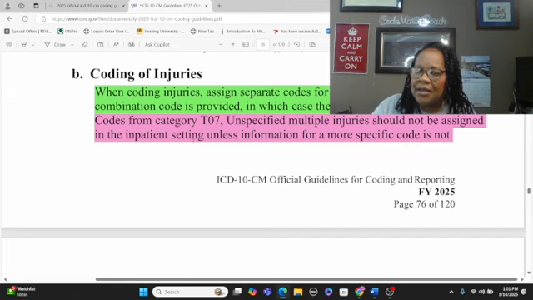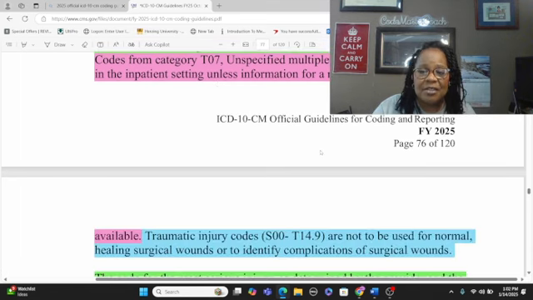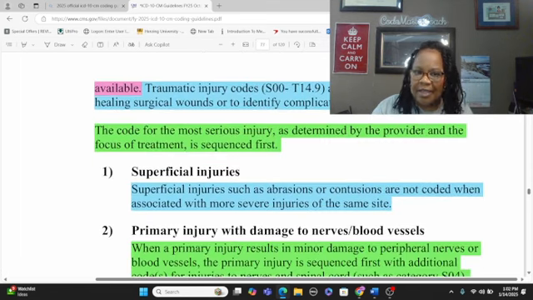Guys, the patient is there 24 hours a day on the inpatient setting. There is no excuse for using an unspecified multiple injuries code, because with them being there inpatient, there's time to find all of the injuries. So again, the unspecified multiple injuries code T07 should not be assigned in the inpatient setting unless information for a more specific code is just not available.